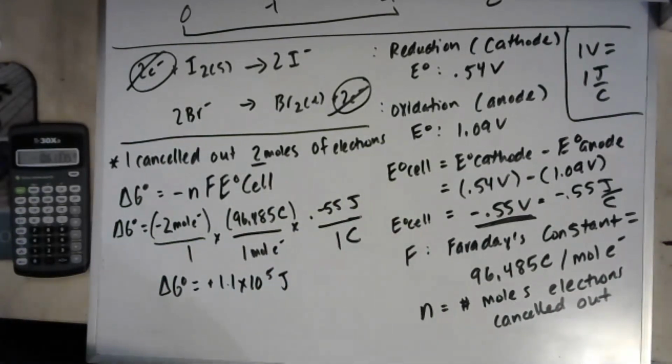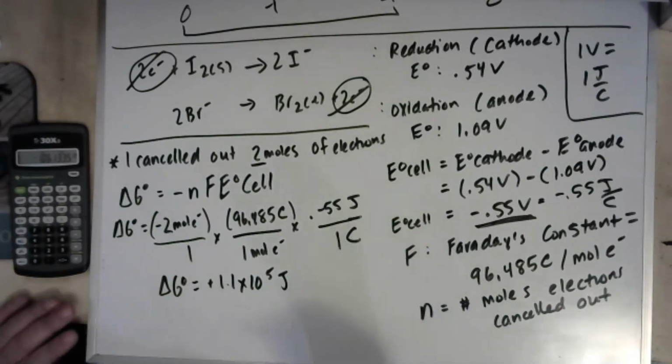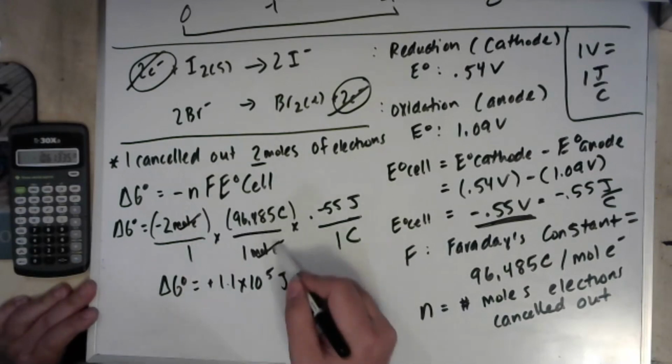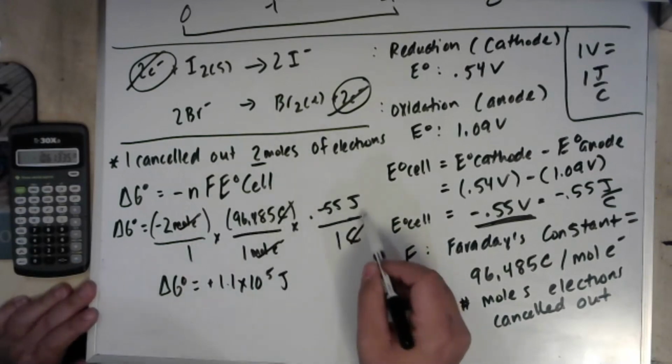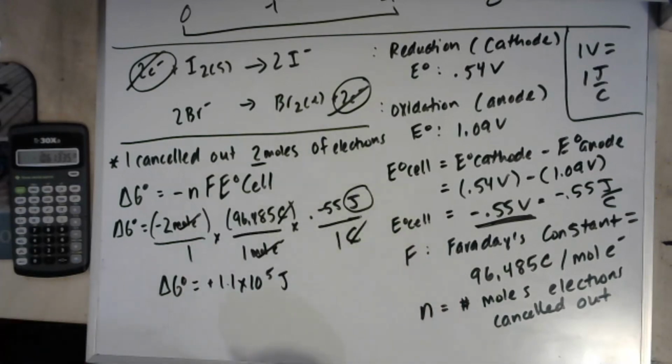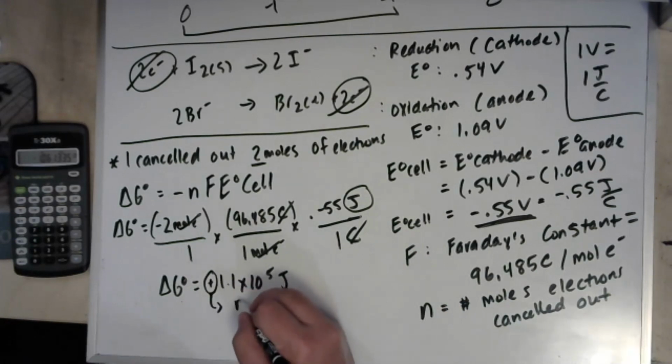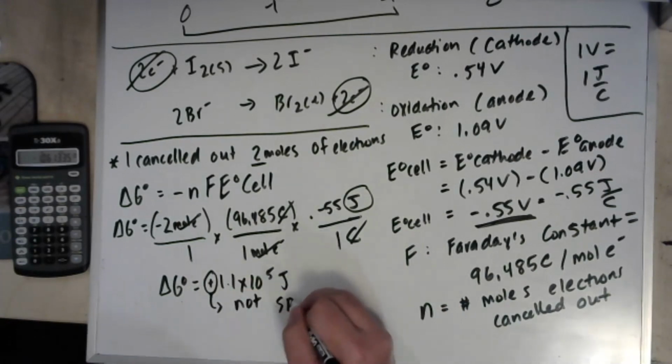That's how you're able to use that unit of volts in this calculation. Now you see how our coulombs cancel out and we're just left with joules. We end up with a positive delta G value, and we know from the last chapter that a positive delta G value means that we do not have a spontaneous reaction.